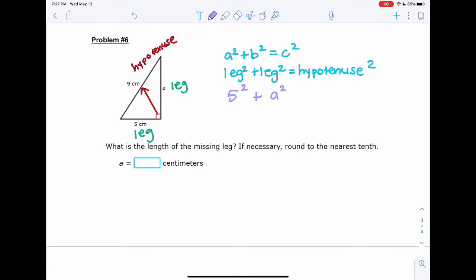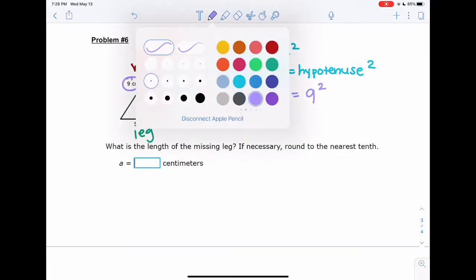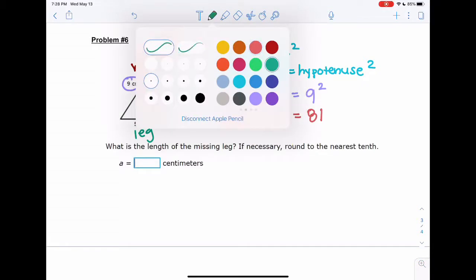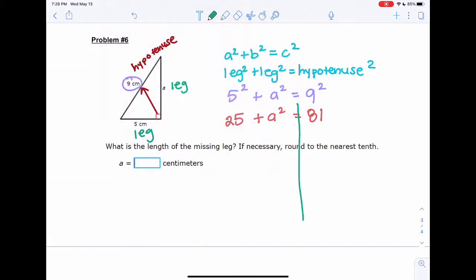So a squared equals hypotenuse squared, and in this case it's going to be 9. So 9 squared. Okay, now let's simplify. 5 times 5 is 25. A squared. 9 times 9 is 81.